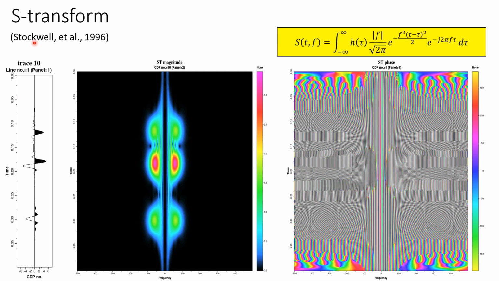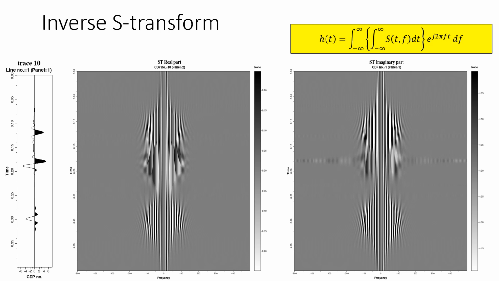When we apply the S transform to this seismic trace from the tuning region of the wedge model, we can see the magnitude spectrum in this figure and the phase spectrum in this. Perfect reconstruction is an important property of the S transform. This equation here shows how we can evaluate it.